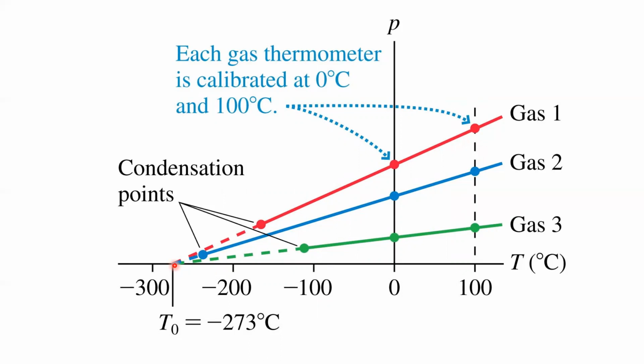It's always negative 273, which is rather remarkable. And they have to agree, otherwise there's really no significance to that temperature, right? How could you say that negative 273 is absolute zero if using a different gas would give you a line that intercepted somewhere else? So they really need to all intercept at the same place.